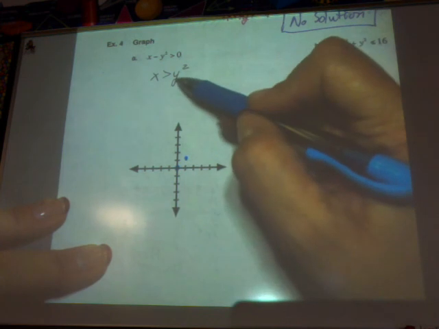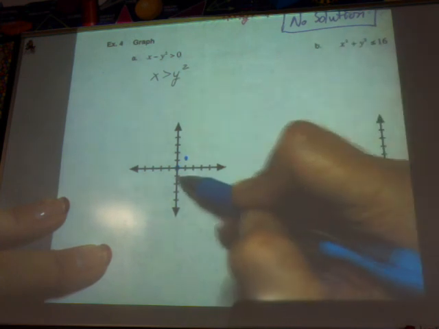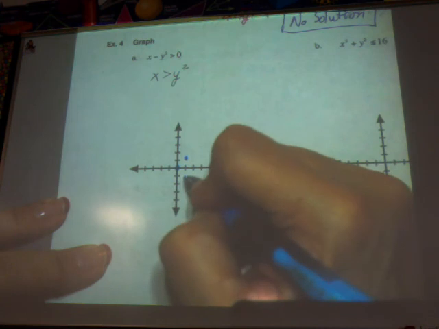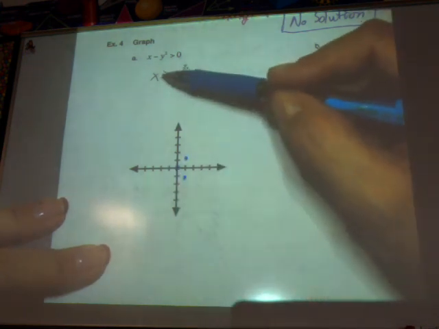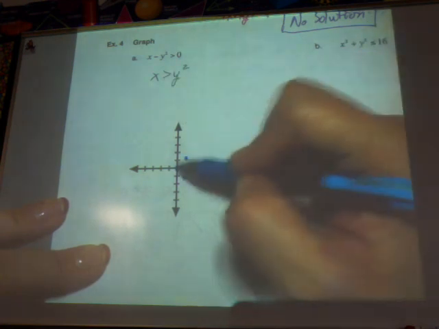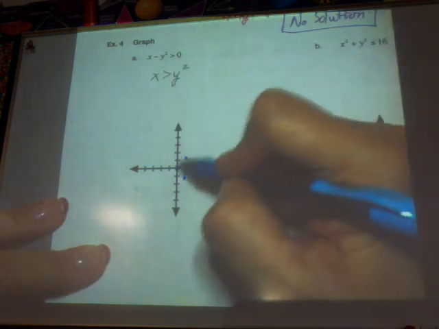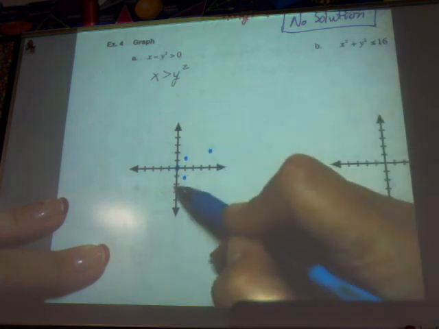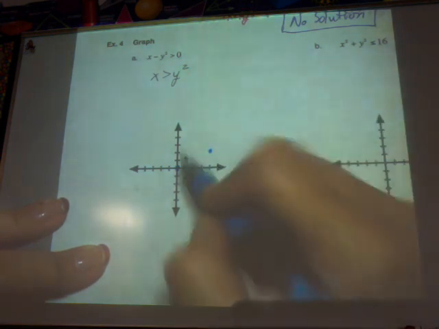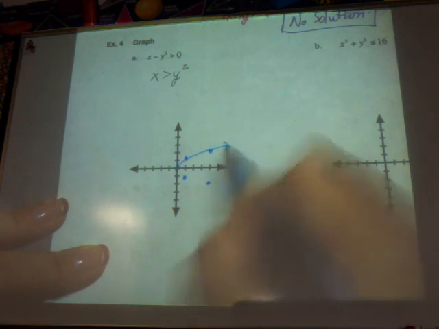If y is negative 1, down here, what's x going to be? Still positive 1. Will x ever be negative? No. So if y is 2, 2 squared is 4, x is going to be 4. If y is negative 2, x is still going to be 4. So this is a parabola that opens to the right.